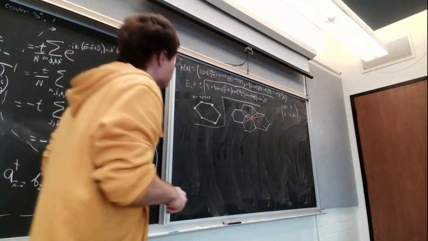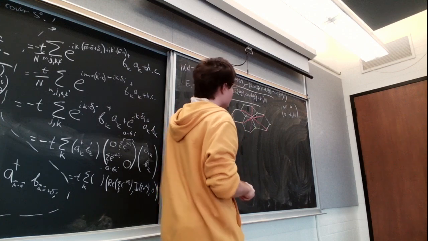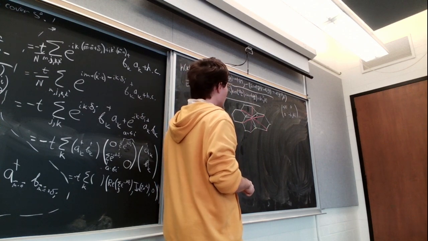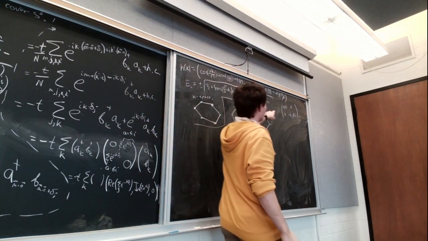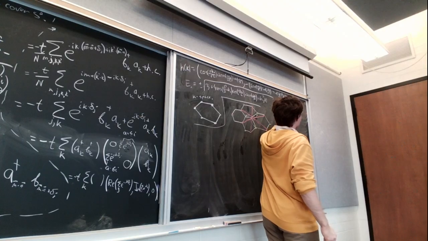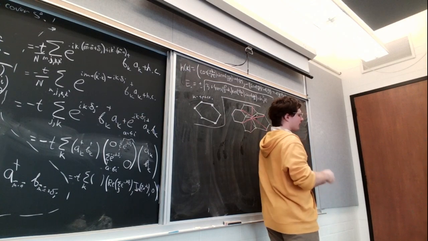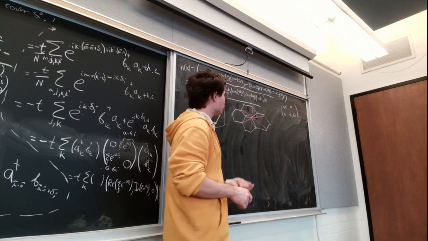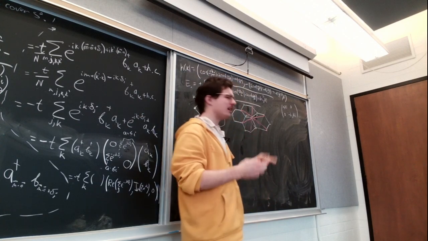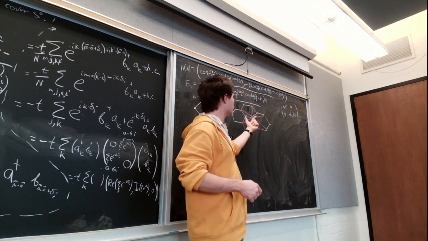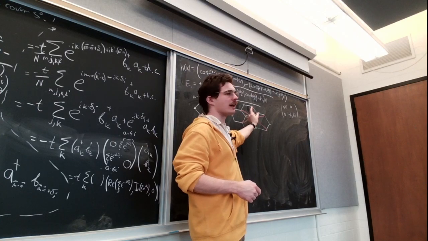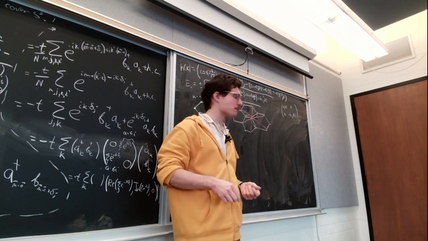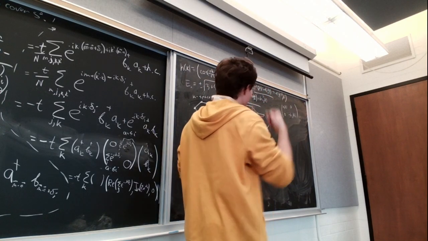However, I want something particular. I want the hoppings for the A's and for the B's to have opposite sign. Do you agree? But also, in some sense, the hopping should kind of look the same, right? Because the lattice, I should be able to reflect it and get the same thing. Okay? So how am I going to do this?